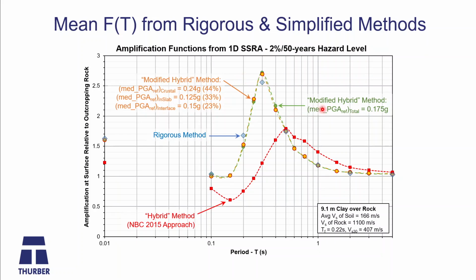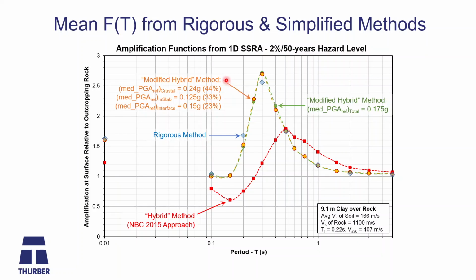We have the modified hybrid method in green using the median for the total hazard of 0.175 G. And then in orange, we have another way that we ran this, where we did the scaling using the median target spectra for each of the source types, each of the tectonic regime types.